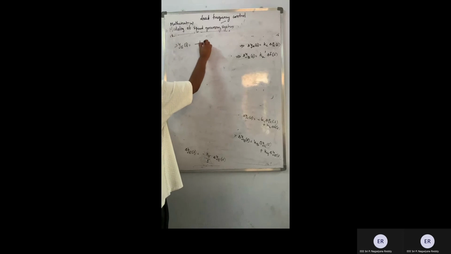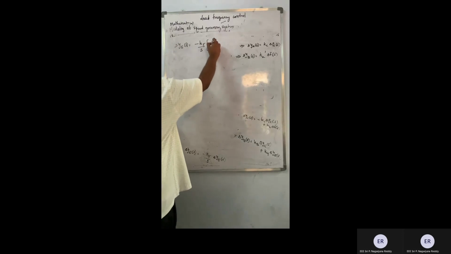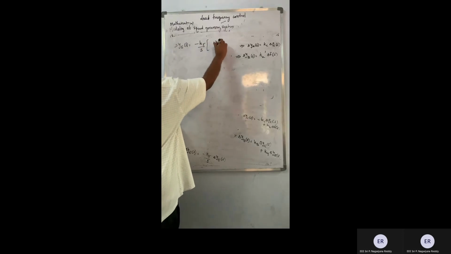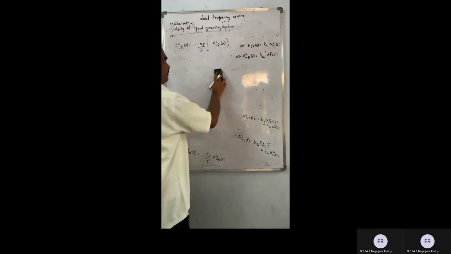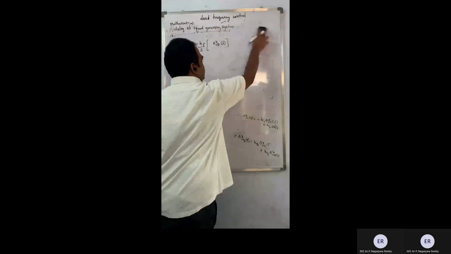Now, if you carefully see, delta YE of s, I am rewriting this equation, K5 by s into delta YD of s. What is YD? YD I already have. I am neglecting these two terms because I may not need these things.